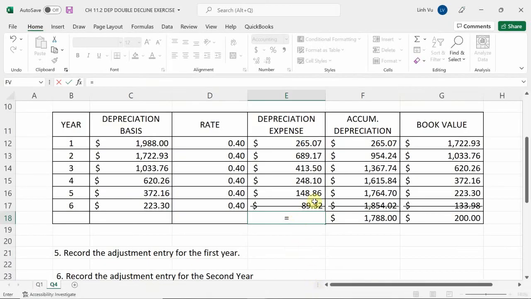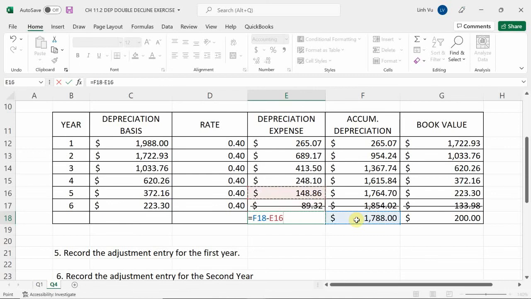If I know that my previous accumulated depreciation, so 1788 is going to equal 1764 plus X, right?